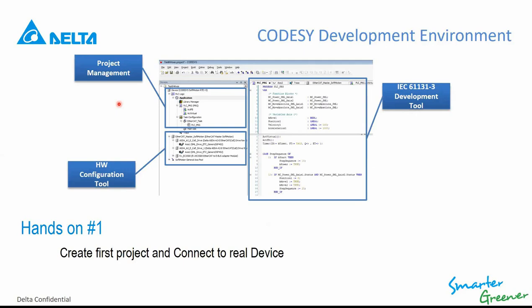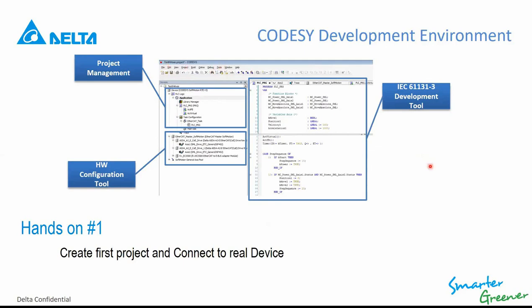This is the overview of the interface. If we look shortly, on the left-hand side there is a project management tree, and at the bottom there is a hardware configuration tool, and in the middle there is a development tool, the place where we write our own code. And here for sure there are some quick icons and the menu over there.